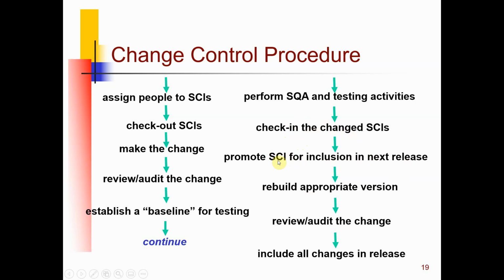Here we have multiple items that need to be included in the next release, and we rebuild the version, and then review and audit the changes, and you include all changes in the release. So basically, this is the change request and change control procedure, from the individual change all the way to the release of the new version of the software.